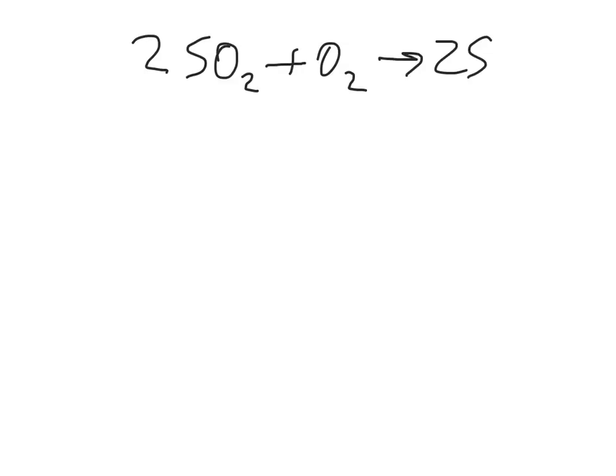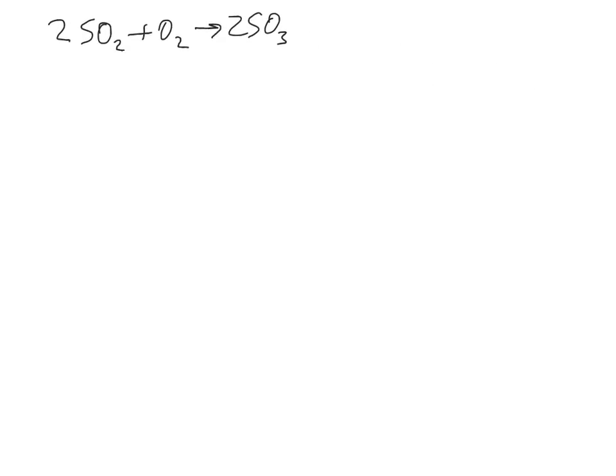So let's analyze this a little further. Let me write this out. 2SO2 plus O2 goes to 2SO3. So we have this reaction here. The ratio of the various species in this reaction is a stoichiometric ratio. Let me give you an example.